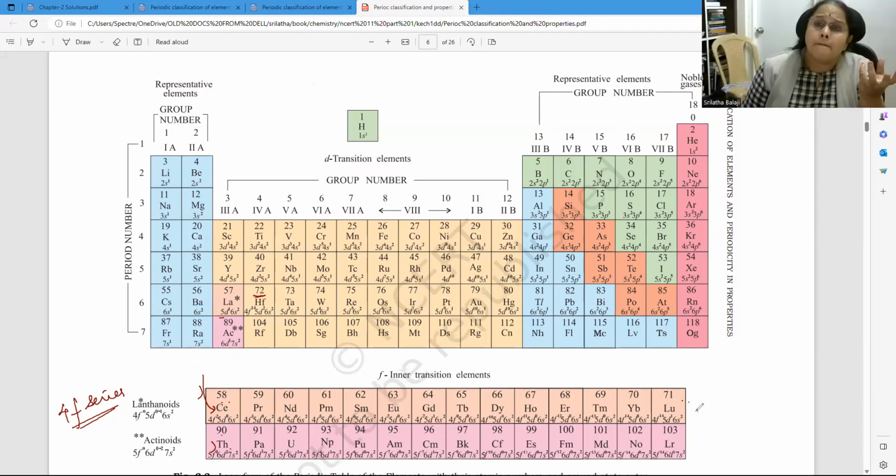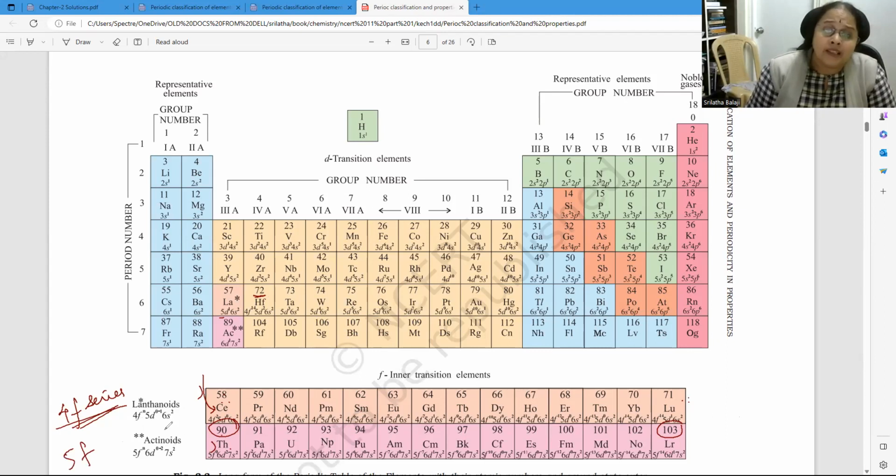So there are 14 elements. Once those 14 are filled, from 72 onwards it merges back with the sixth period. Then 90 to 103 again are 14 elements. So the 4f subshell is being filled in lanthanoids and the 5f subshell is being filled in actinoids.